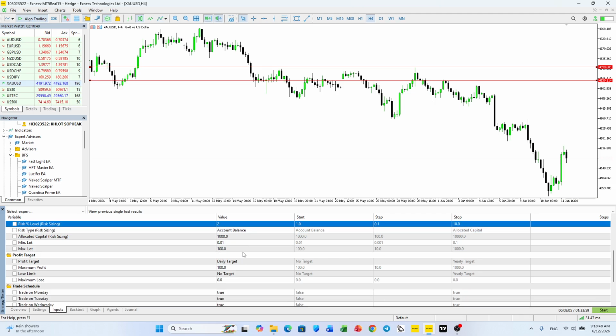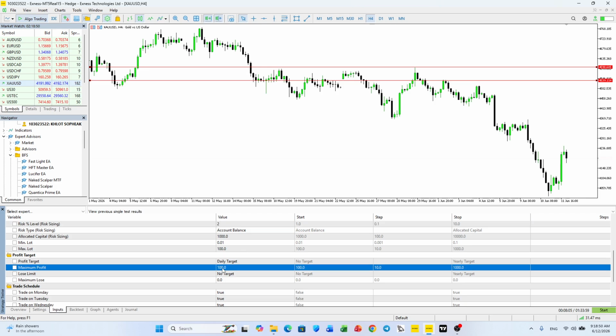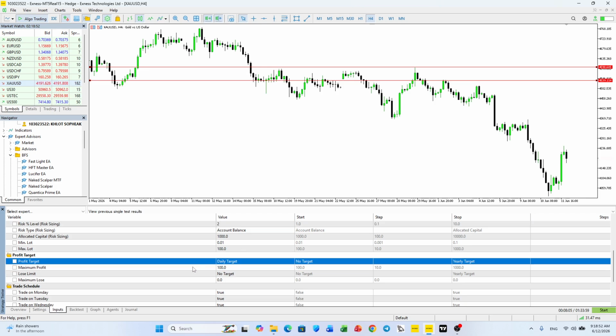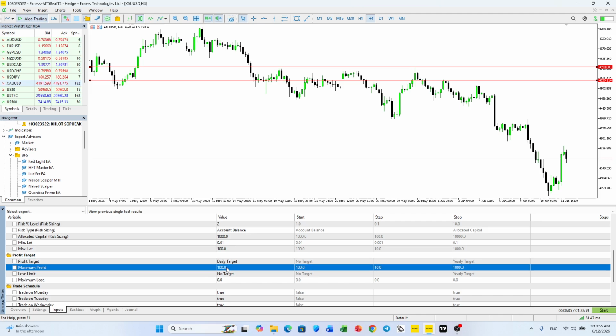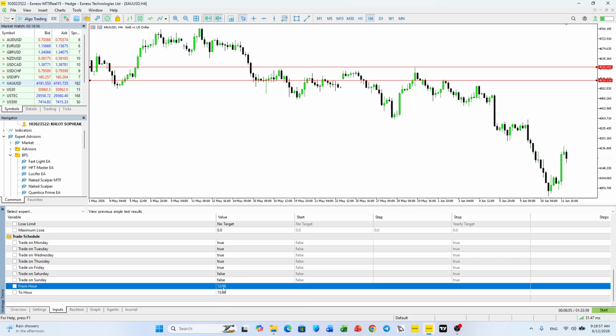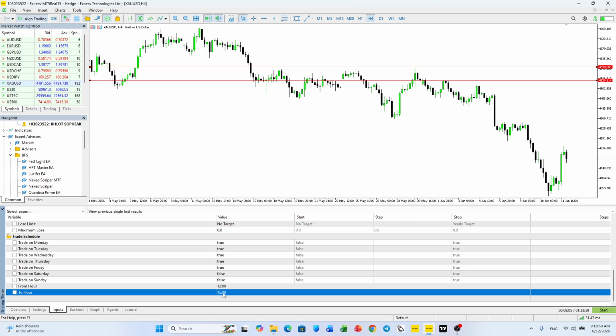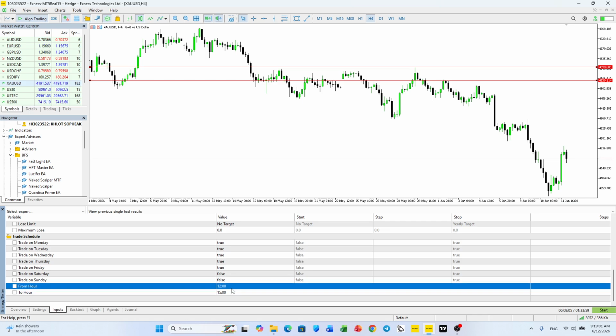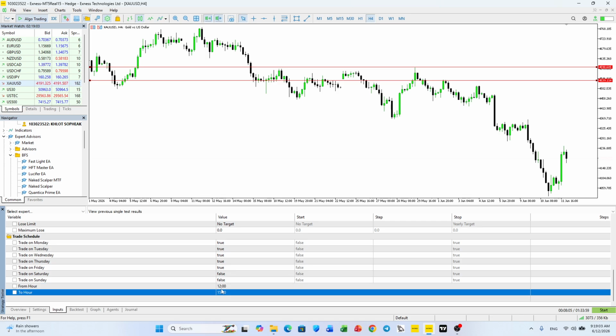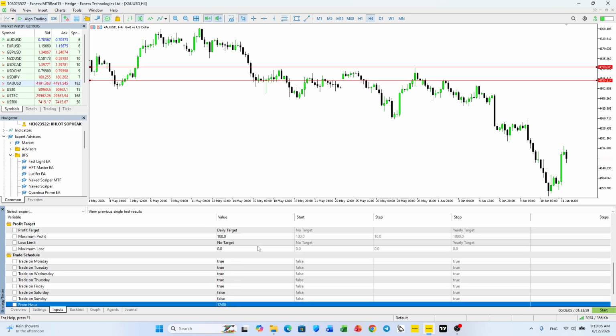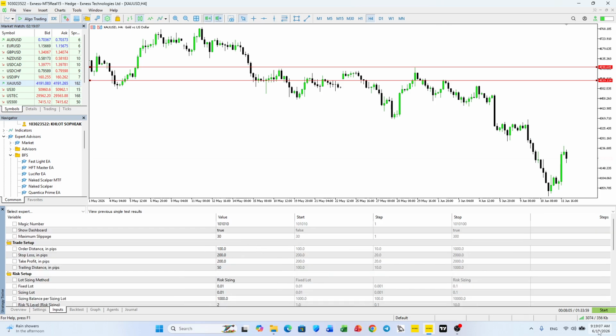And for the daily target, the EA will stop when it reaches $100. And this is the time frame for the New York session. So let's start it and see how it works.